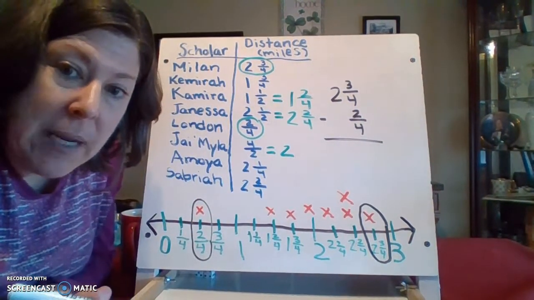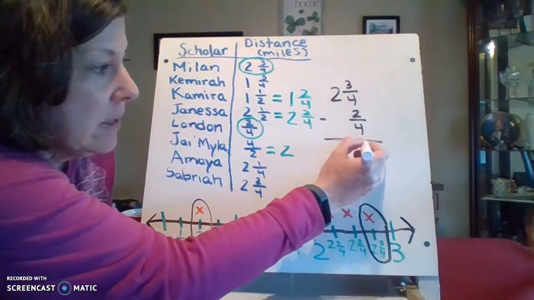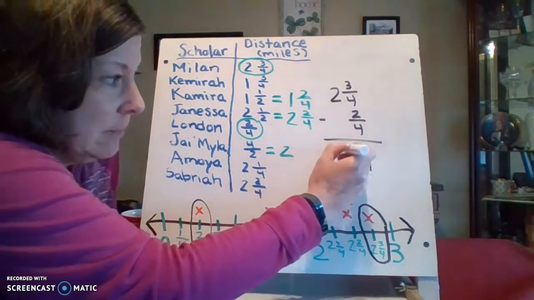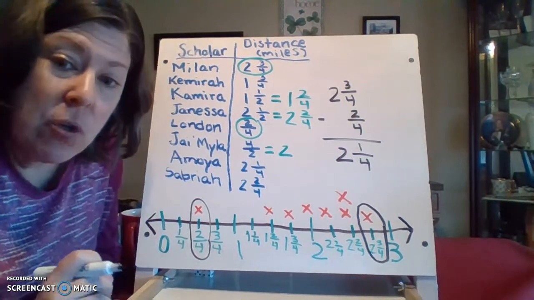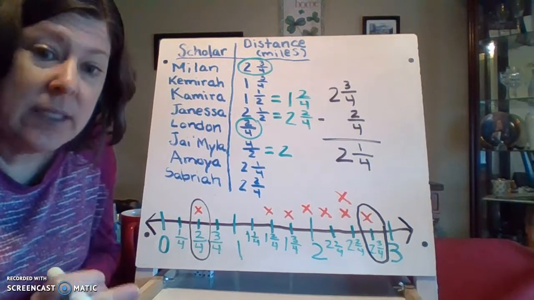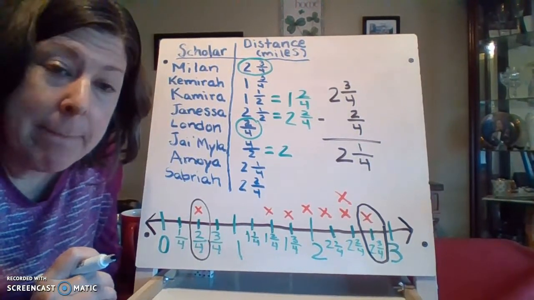Two and 3/4 minus 2/4. 3/4 minus 2/4 is 1/4. 2 minus nothing is 2. So the difference between the longest distance and the shortest distance is 2 and 1/4 mile.